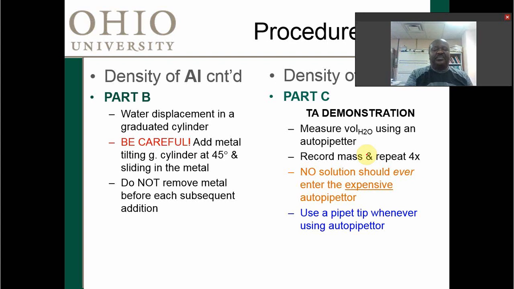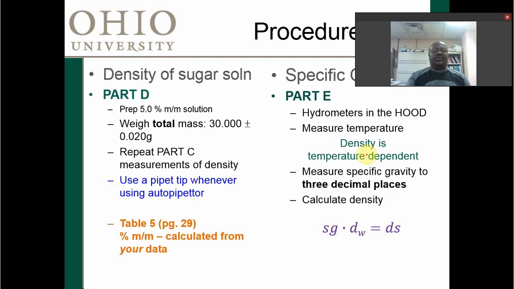Moving right on. So you make your sugar solution. You have to figure out, in this case, 30 grams, the mass that you need. Sure, many of you can do that in your head. Put that in a beaker. Then add water until you get 30 grams total. Then mix the solution. To mix the solution, follow the guidelines. There's a reason for doing things a certain way.